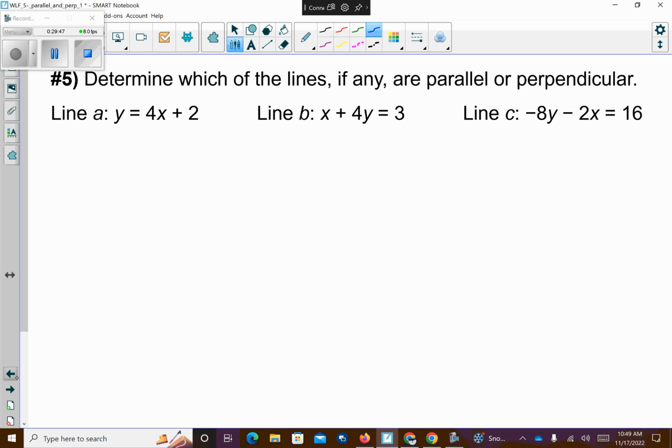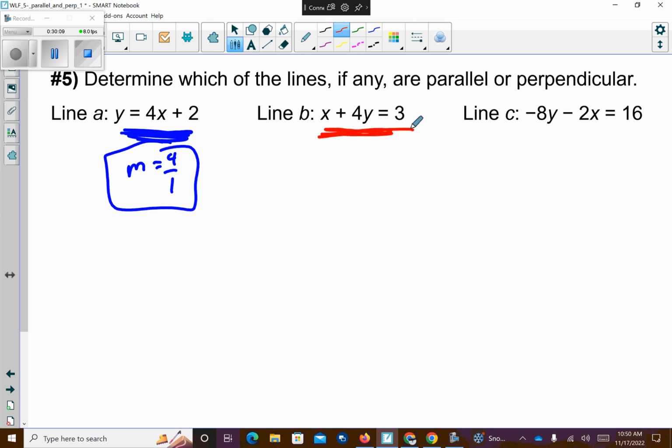Determine if any lines are parallel or perpendicular. Hey, line A here, what's the slope? 4/1, thank you. I feel good about that. Line B, do I know the slope just looking at it? I need to have y by itself.